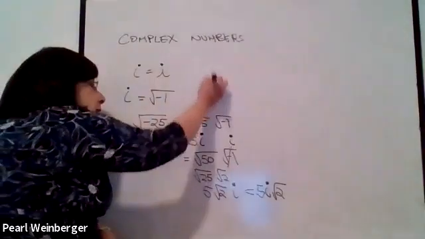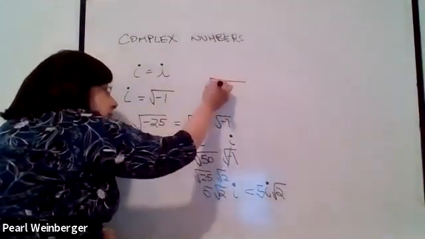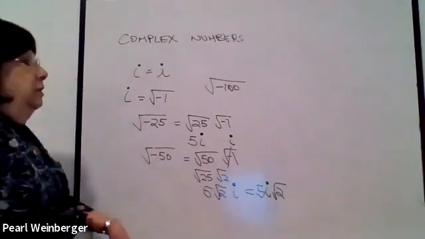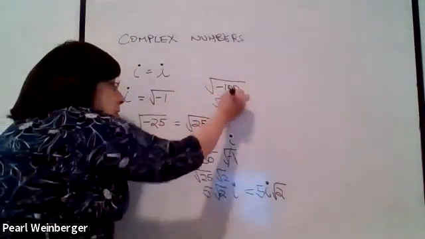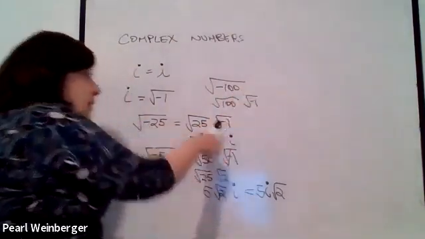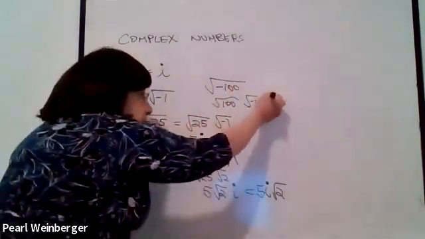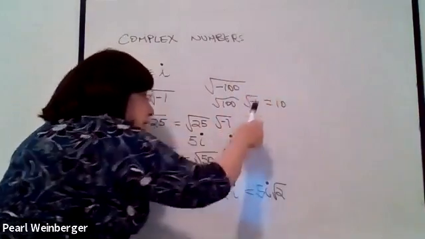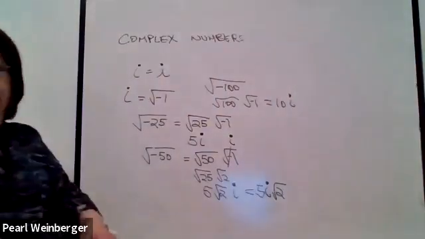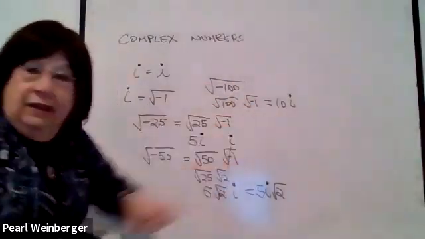If I have something like the square root of -100, then that's really 100 and -1. The square root of 100 is 10. So the square root of -1 is i. I must put in that i. Whenever I have a negative inside a radical, you must have i.